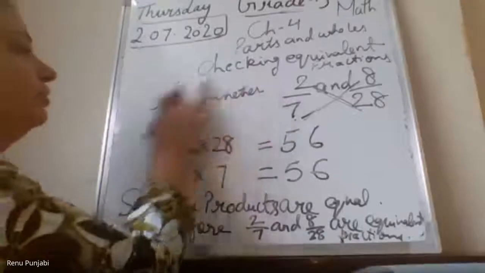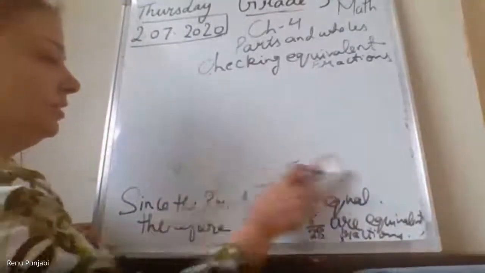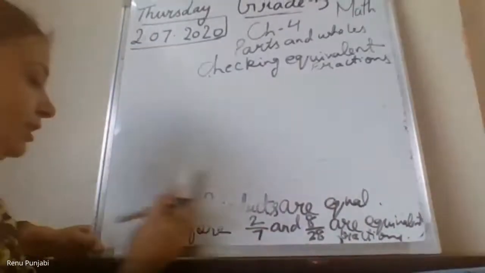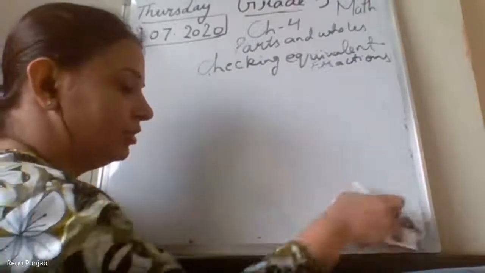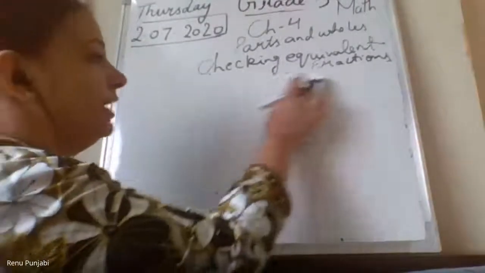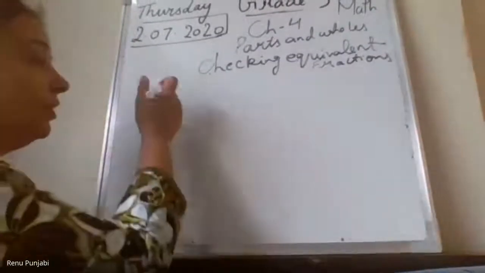Okay, thank you. Now we do another sum. Another example, that also you have to write in your notebook. So it is better you write along with me. Side by side, you understand it also.